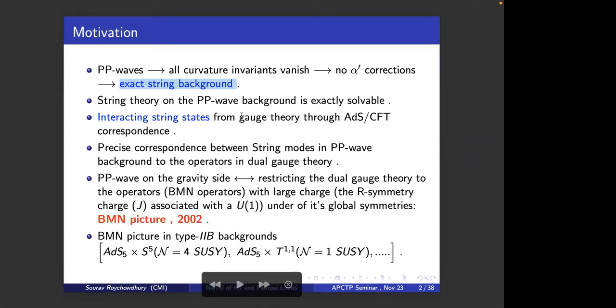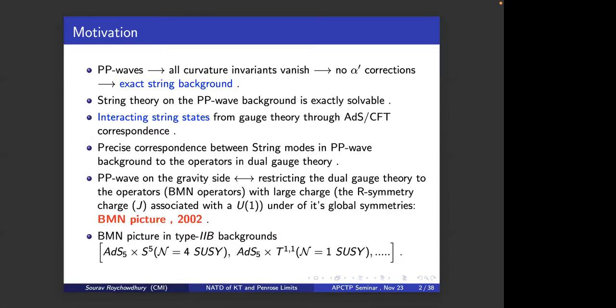Via the famous AdS/CFT correspondence, one can construct interesting string states from the gauge theory perspective. The AdS/CFT correspondence is very interesting in the pp-wave scenario. If you consider the closed string in the pp-wave background and quantize it, you will get certain modes.